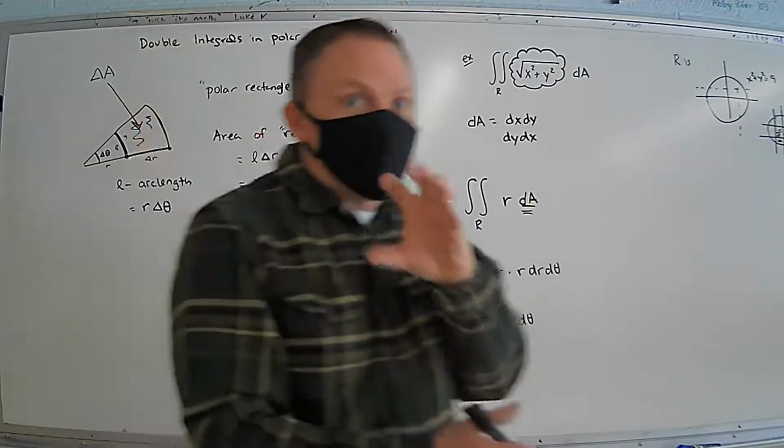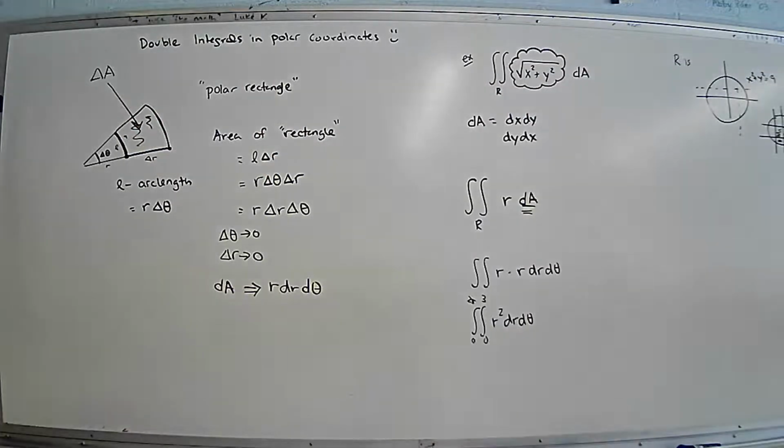So the key to this is understanding that dA is not a one-to-one trade. dA in Cartesian is dx dy, but when I make that change of variable, dx dy becomes R dr d theta.